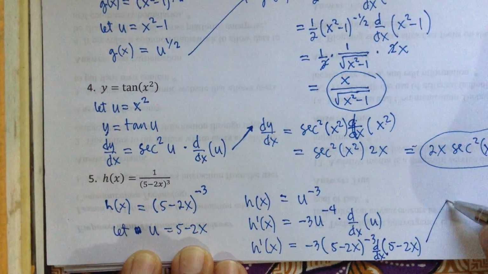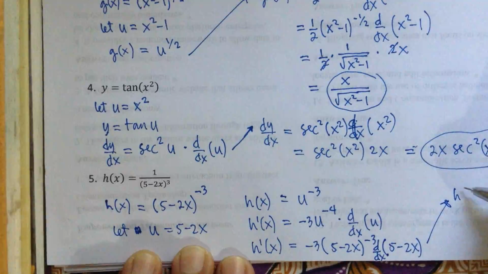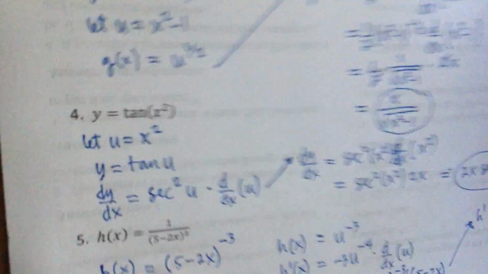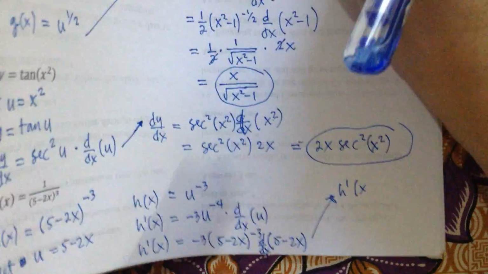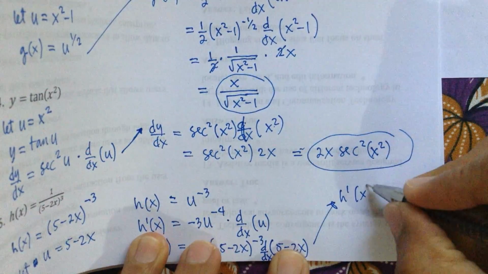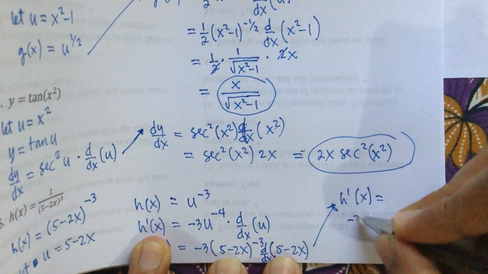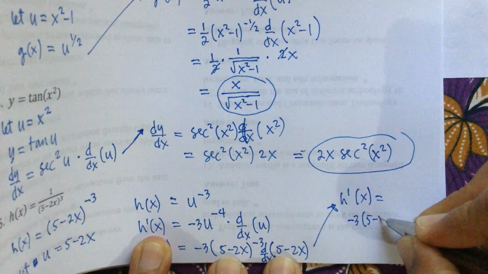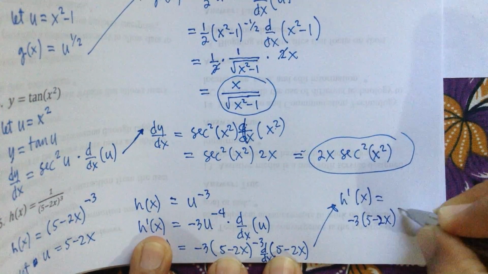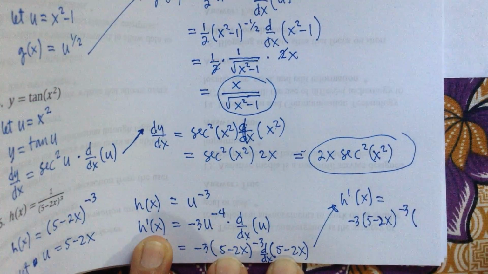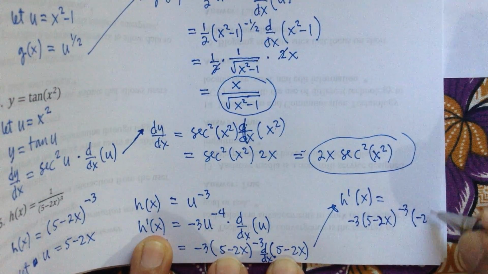Okay, then that means that the derivative of h is, you have negative 3, 5 minus 2x to the negative 4 times the derivative of 5 minus 2x, which is negative 2, right?